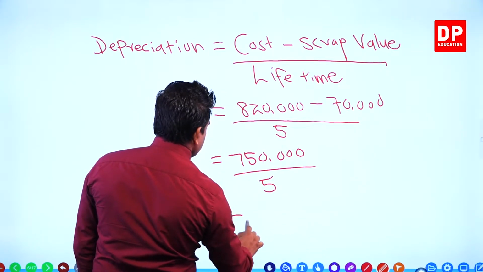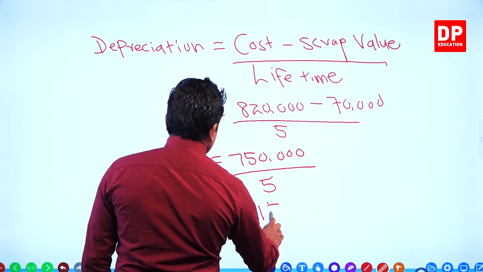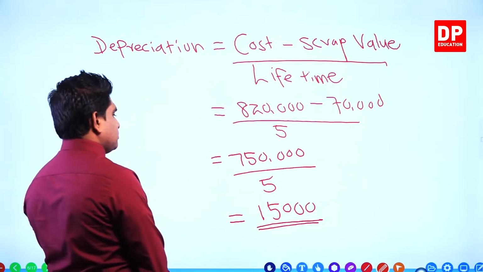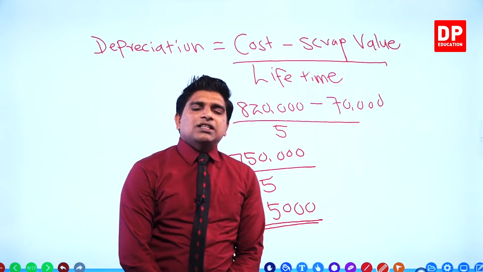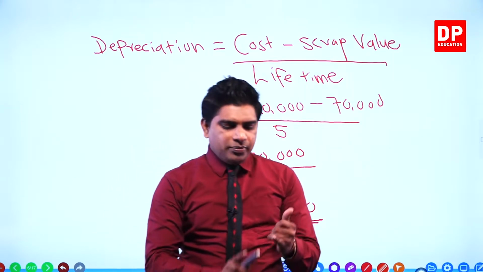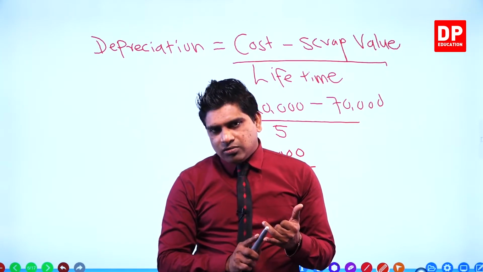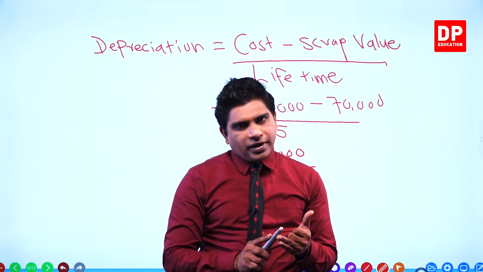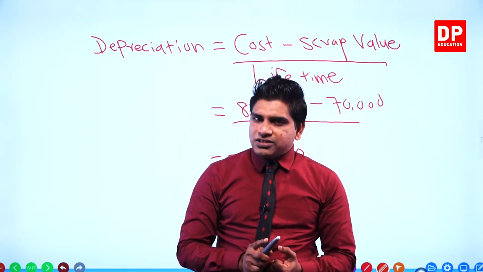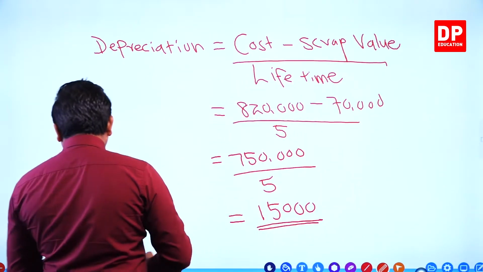Then how much? 15,000 is the annual depreciation, right? Now you know how to calculate depreciation and depreciable value. Depreciation is cost minus residual value, scrap value, divided by lifetime. Depreciable value is cost minus scrap value, or cost minus residual value, right? Okay. Now go to the next one.